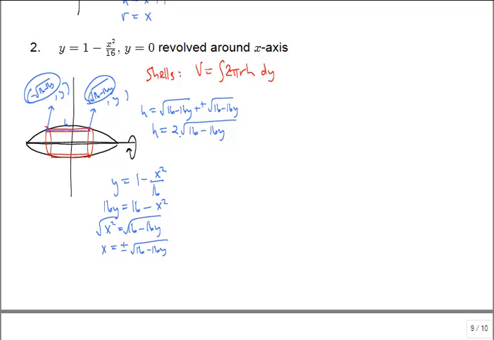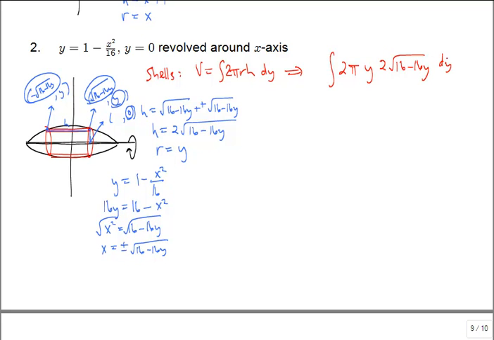Now to get my radius, I would need the center point here, which has a y value of 0. So this y value up here minus this y value here would just give me a radius of y. So the shell method becomes the integral of 2 pi times this radius, which is y, times this height, which is this big square root.